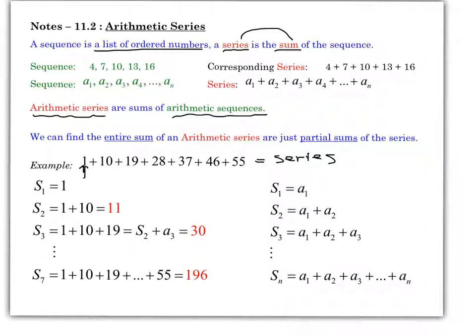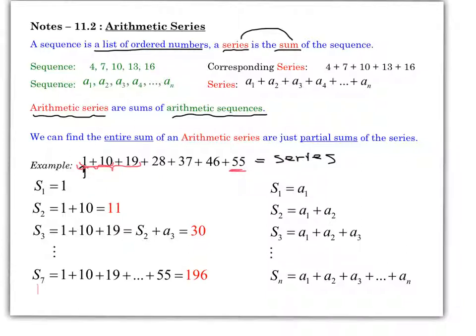The second partial sum is where you take the sum of the first two terms, so that's going to be the 1 plus 10. The third partial sum is then when you take the first three terms and add them together, and so on. So when you get to the end, then you have the full sum of your series.